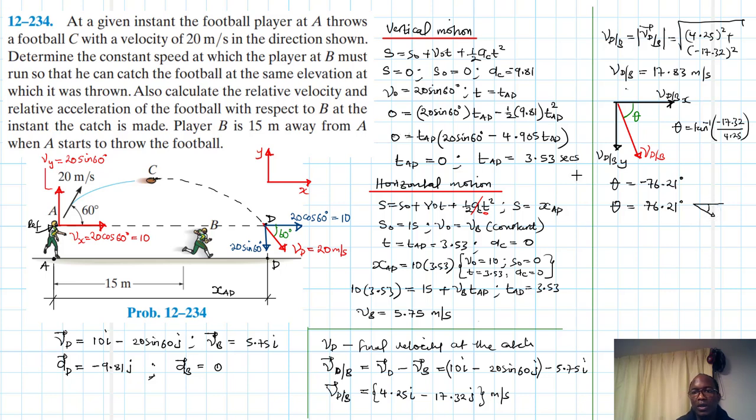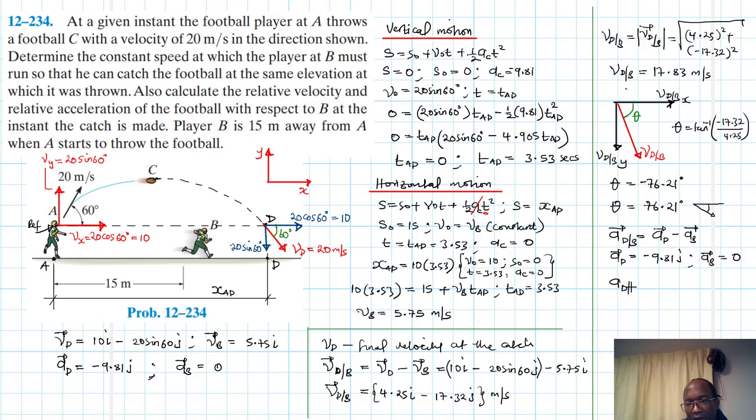Okay, so let's work out the acceleration. So a_D with respect to B is just equal to a_D minus a_B, where a_D is just equal to minus 9.81j, and a_B is just equal to 0 because the velocity is constant.